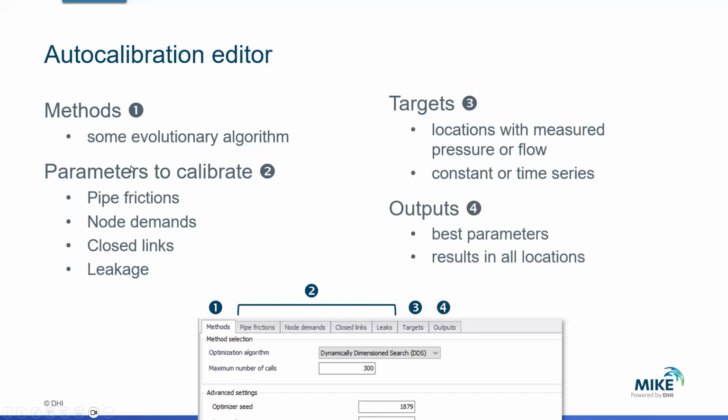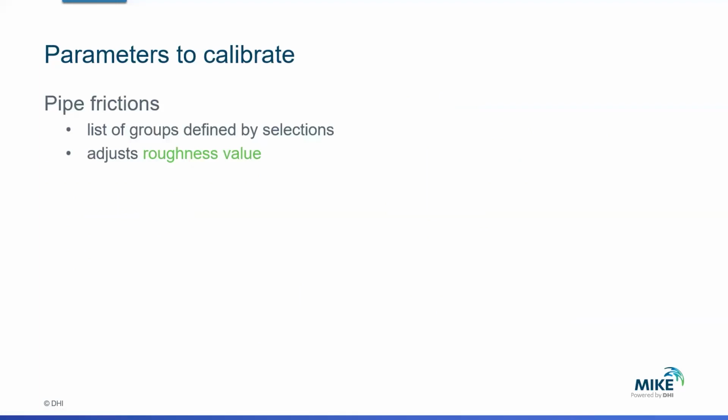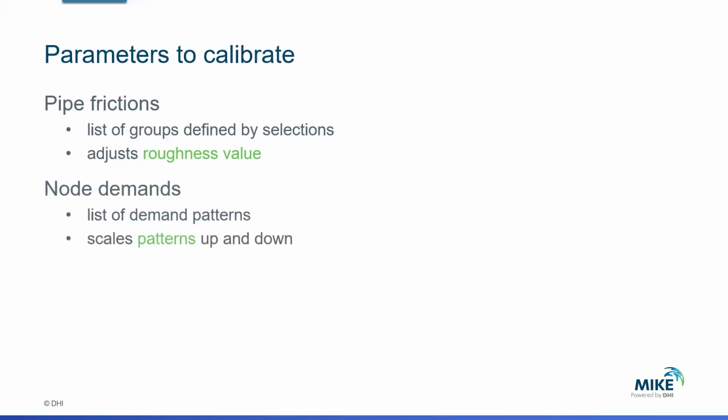And now let's have a closer look at these parameters to calibrate. The pipe frictions, which adjust roughness values. You'll see that because we used that today. Then there is the option to calibrate node demands. And what they really do is the routine scales patterns up and down. So if you have connected patterns to your demands, if you only have one, all node demands will become larger and smaller.